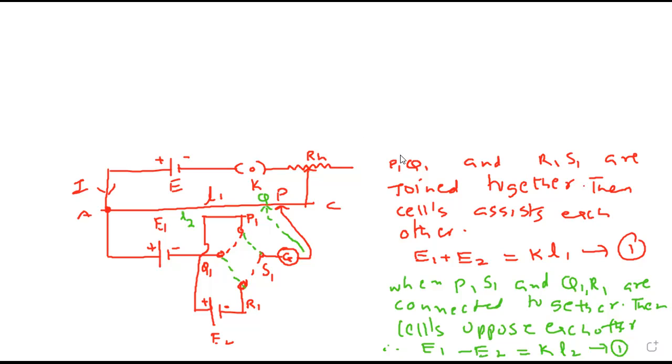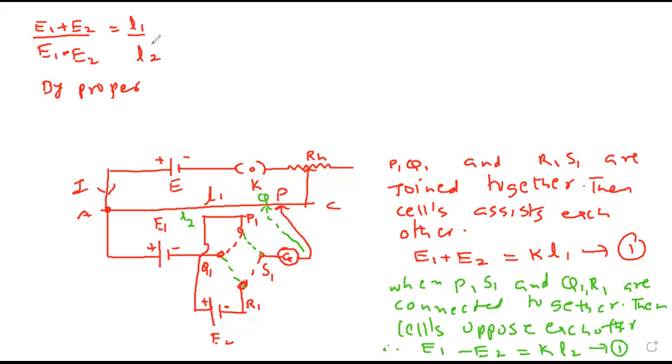Now, if we divide equation 1 by 2, we get E1 plus E2 upon E1 minus E2 equals L1 upon L2.